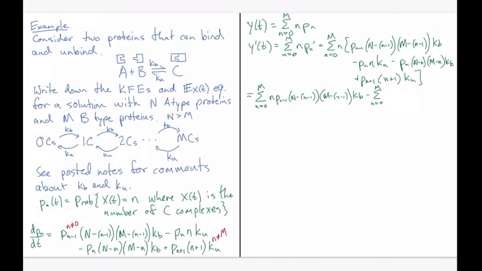And then the sum from n equals 1 to M of n from out front here, multiplied by this expression here.